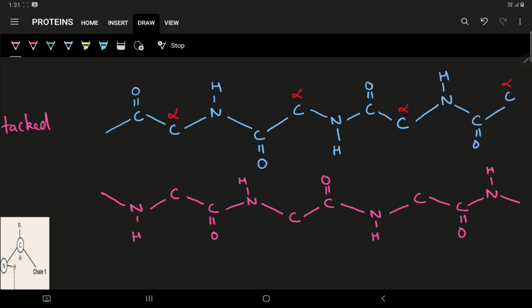So just see here, these are the two polypeptide chains.